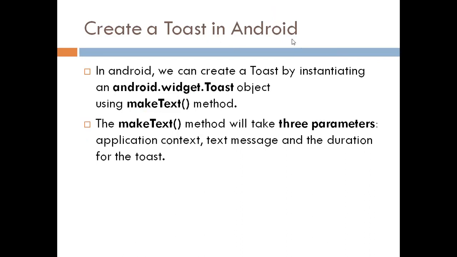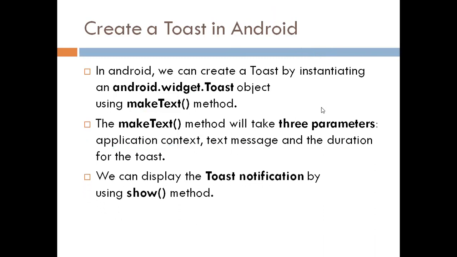The first parameter is the context object, known as the application context object, which refers to the current object of an activity. The second parameter is our text message, and the third is the duration for the toast message. After that, we can display the toast message by using the show method.